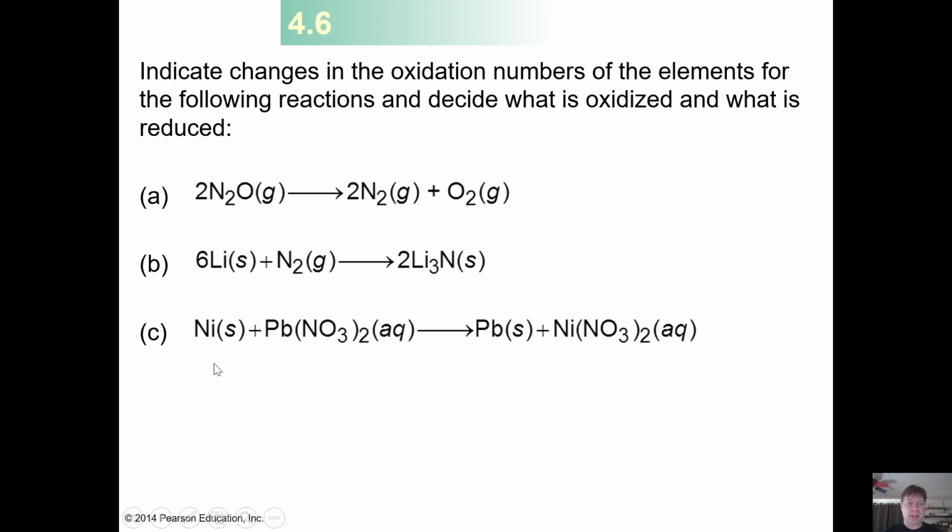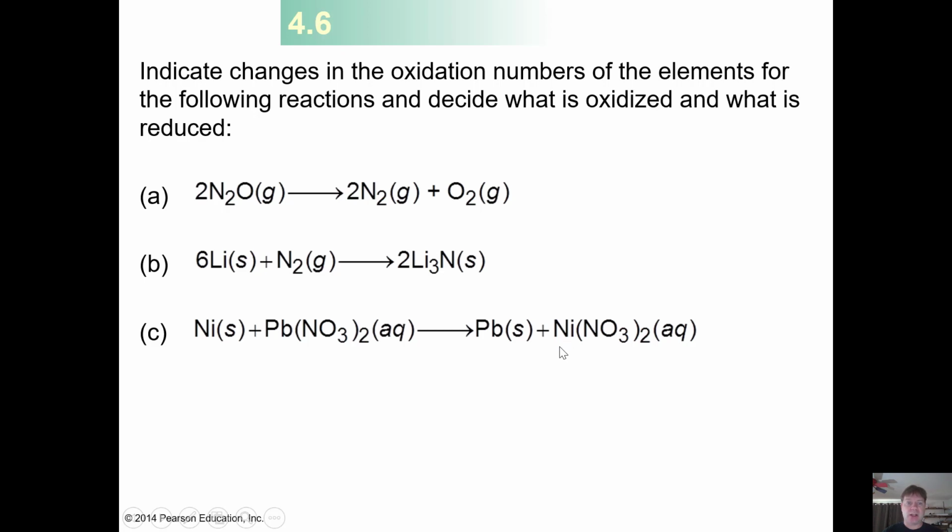Okay, so what we can do is we can say this is a 0 for the nickel. For the lead, nitrate has a -1 charge. There's 2 of them, so this is a -2. So the lead has to be a +2. On this side, the lead is 0. And again, 2 - 1, so the nickel is a +2.